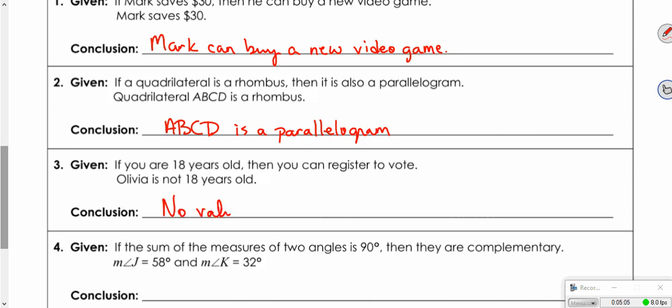It's tempting to say that she cannot register to vote, which actually, if truth be known, you can register when you're 17 and a half. It doesn't kick in until you're 18. But we cannot draw any valid conclusion just based on that statement because that doesn't fit the rules. P has to be true for us to conclude Q.